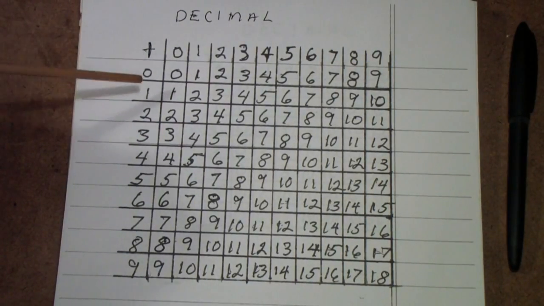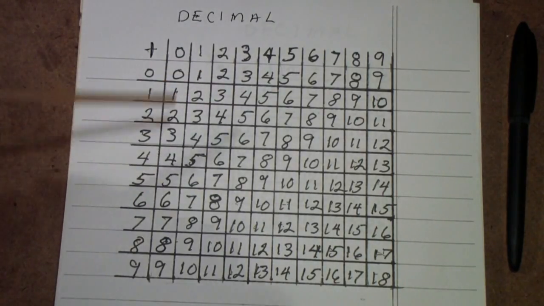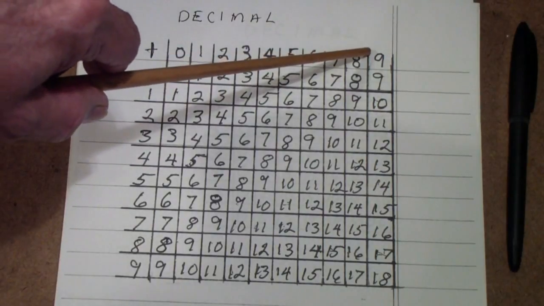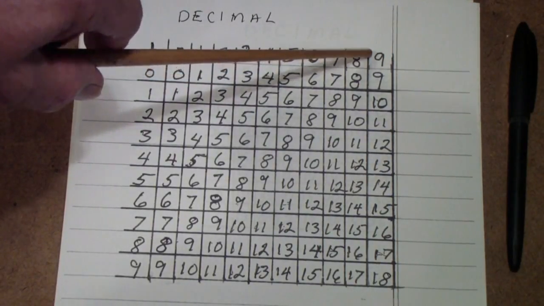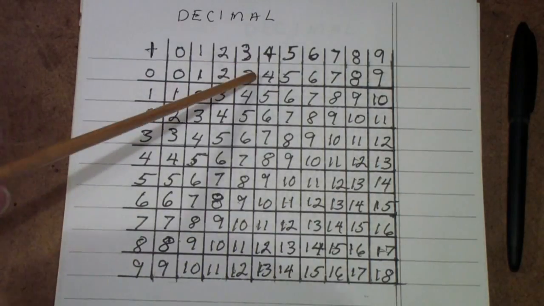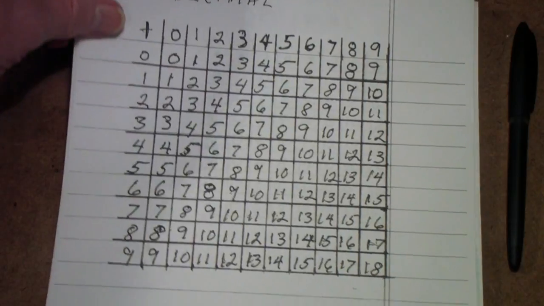When you're doing addition, 0 plus 0 is 0, and 0 plus 1 is 1, and so on. The maximum you can get in this case is 9 plus 9, which is 18, and 9 is the largest decimal digit, so that's the biggest number you can get in this lookup table, and you have this in your head whether you realize it or not.